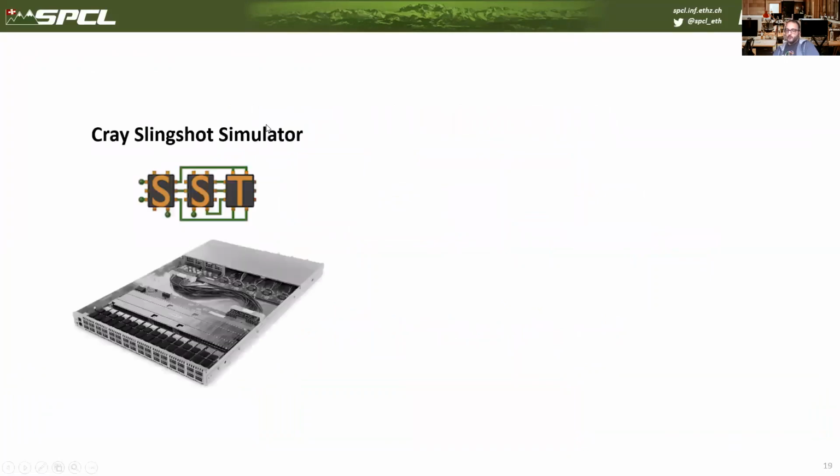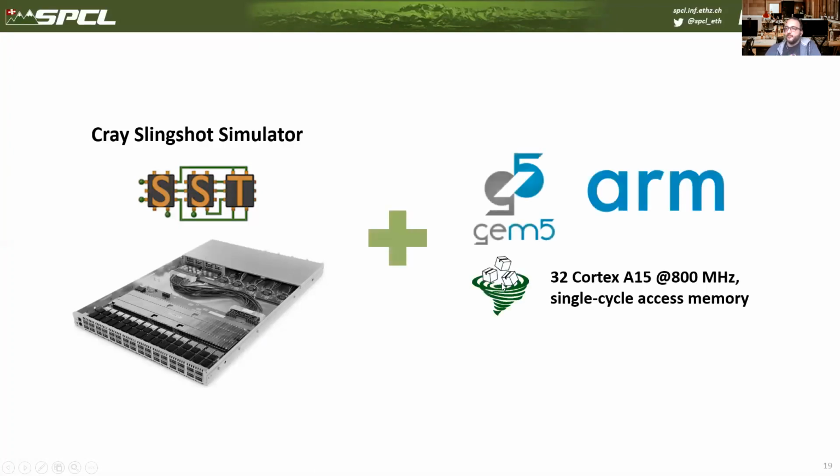Okay. So for the evaluation, we use the Cray Slingshot simulator. Slingshot is the latest interconnect from Cray, now HP, and they simulate this on Sandia SST. So we extend this simulator with gem5. gem5 now is a microarchitectural simulation, and we use that to simulate the handlers that we run in sPIN.